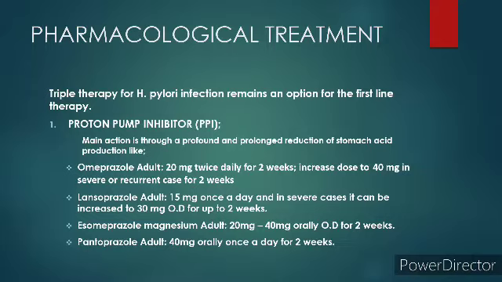So the proton pump inhibitors work by reducing stomach acid production. And examples, we have omeprazole, which is given 20 milligrams twice a day for 2 weeks, or it can be increased to 40 milligrams in severe cases.